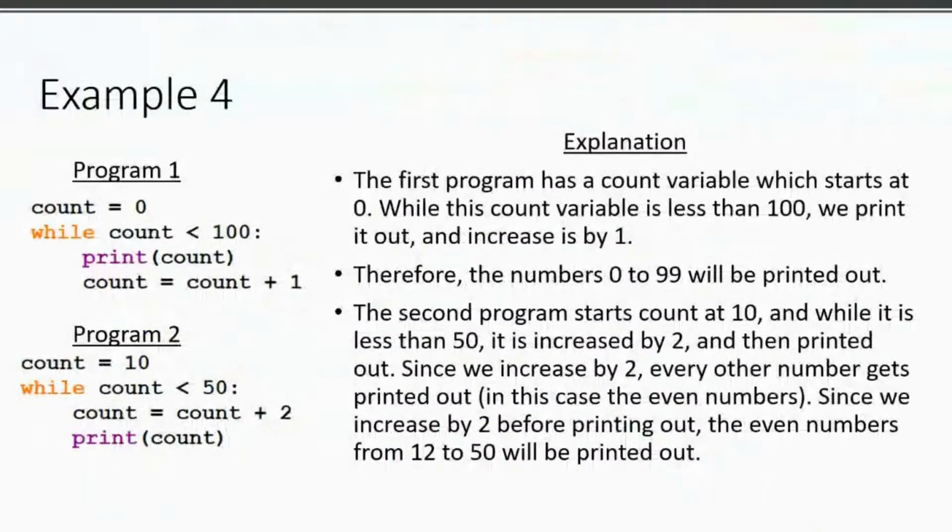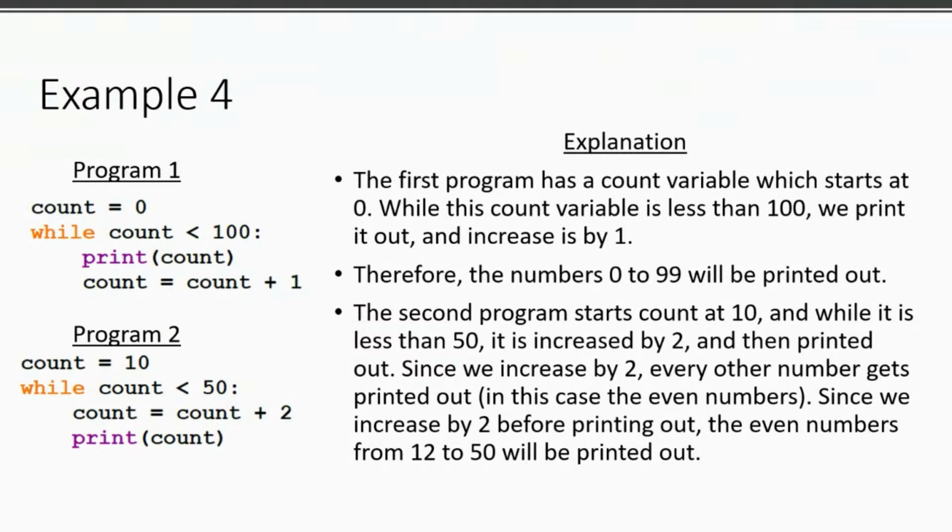Okay, so let's take a look at this code. Program 1. Tell me what do you think my output will be? What numbers am I going to print out? 0 to 99, right?